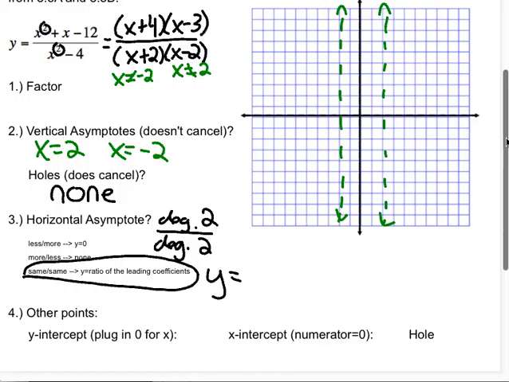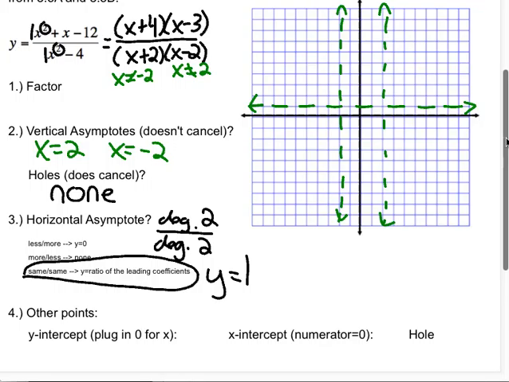Well, the coefficients are 1 divided by 1. So I'm going to have a horizontal asymptote at 1. So I have all my asymptotes set up.